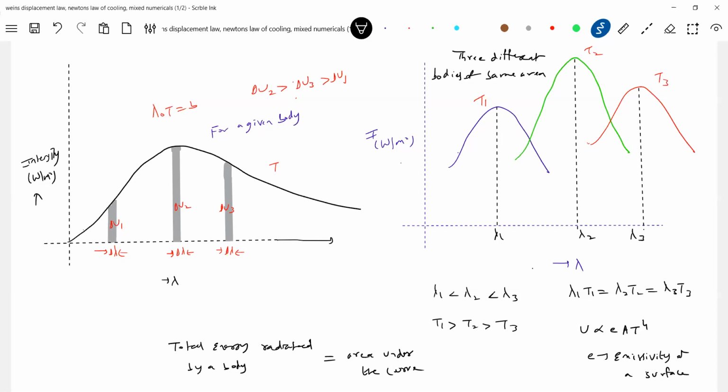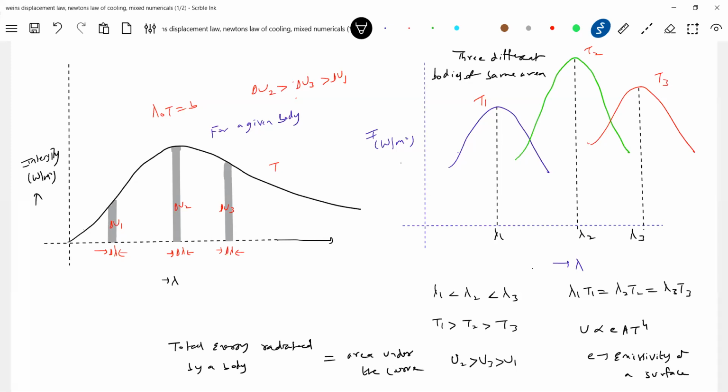The first body has a higher temperature than that one, but which body will give more energy? The area under the green color is more, no? Am I right? If you look at the comparison, we can write U2 greater than U3 greater than U1.